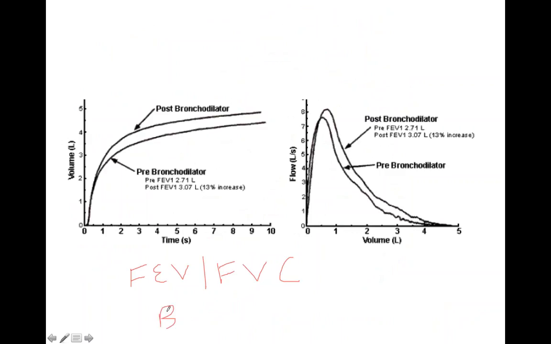We give the patient albuterol or terbutaline, short-acting bronchodilators, and if there is an increase in FEV1 by more than 12%, so this thing you have to remember. This 12% is important. Then it's a case of asthma.